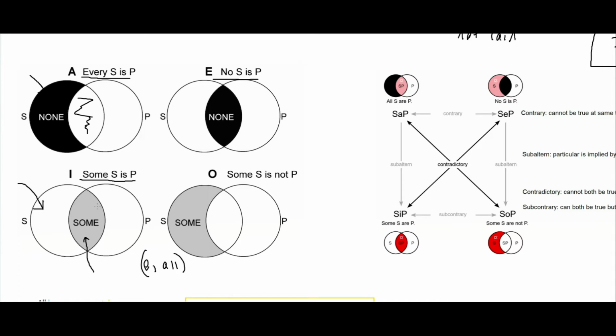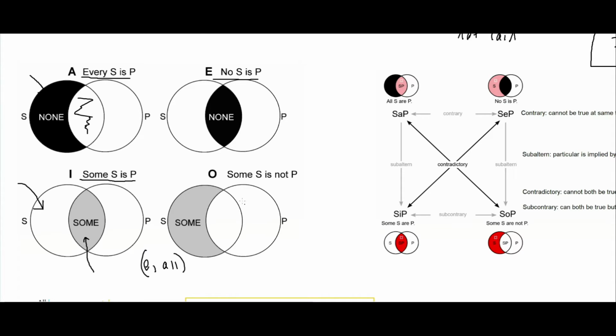If you wanted to say most, you would say most, but in logic, some covers everything from one to most to almost all. So anything not including zero and not including all, so anything in between there.